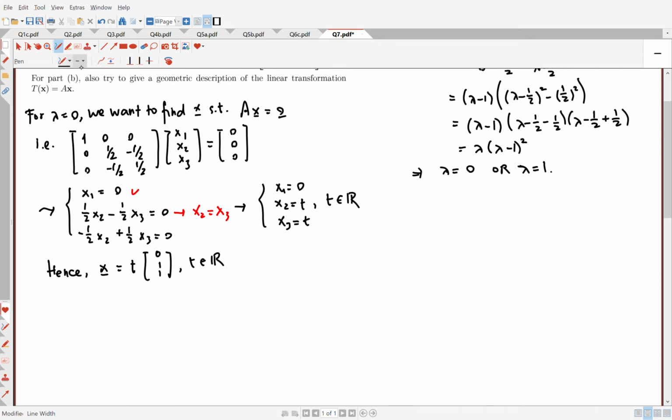And we can take this as our eigenvector. Let's call it v1.